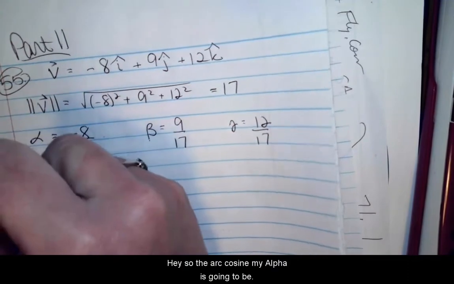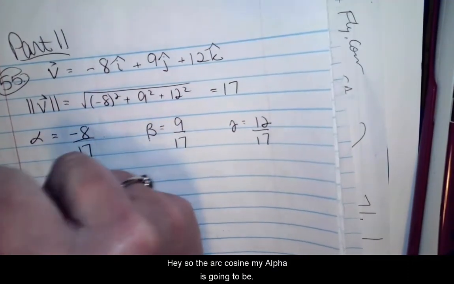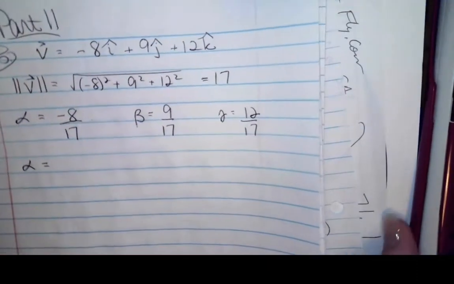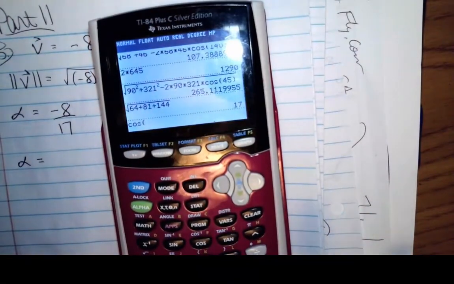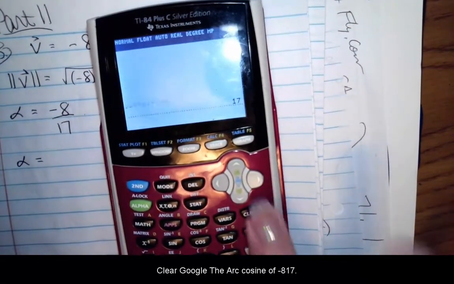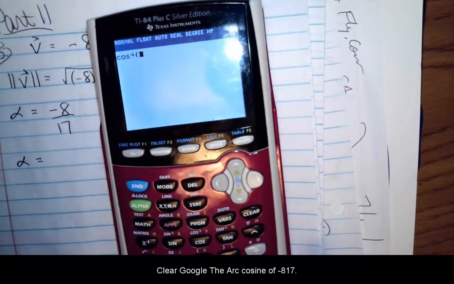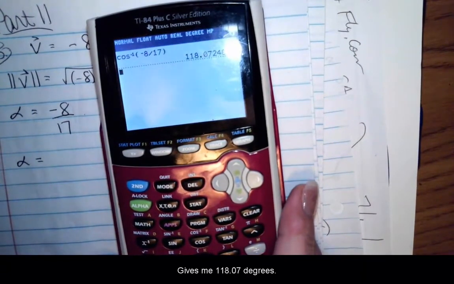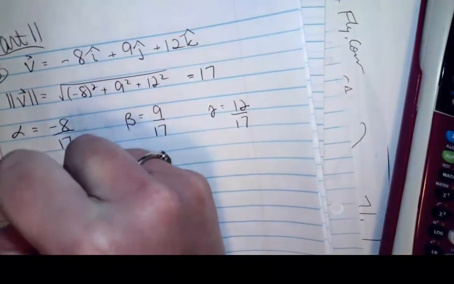The arc cosine of negative 8/17 gives me 118.07 degrees.